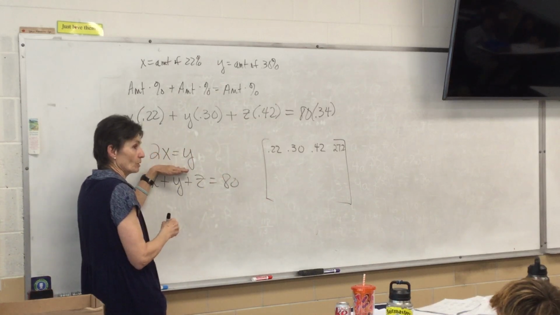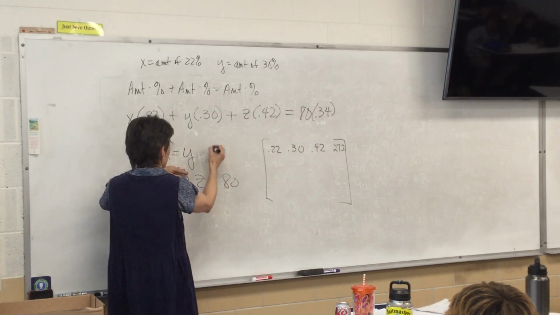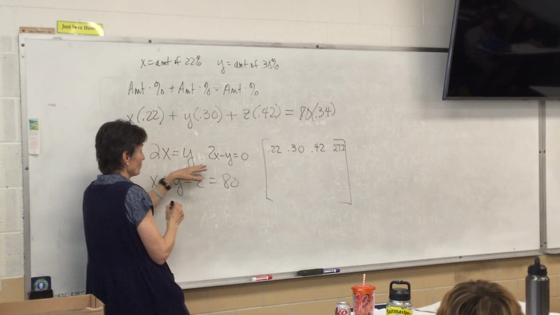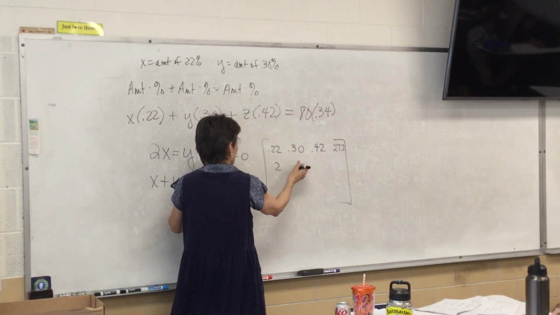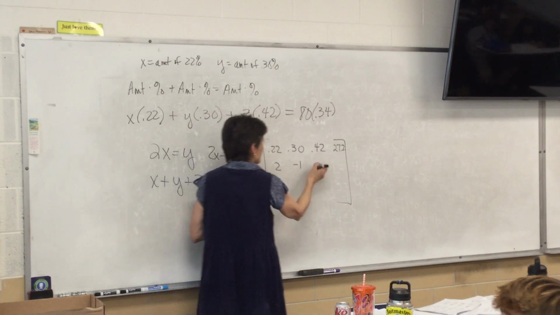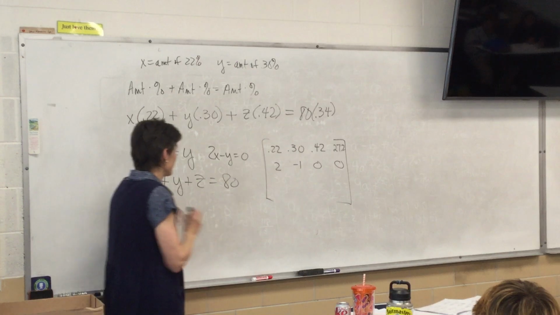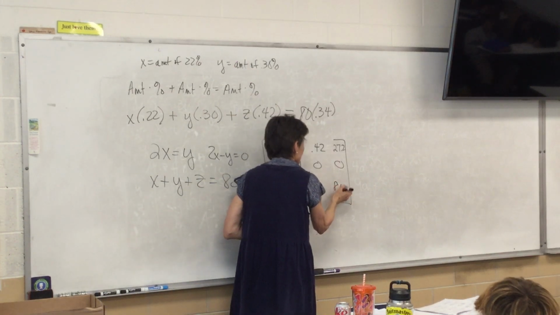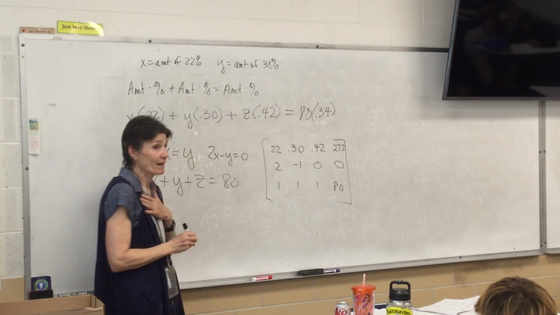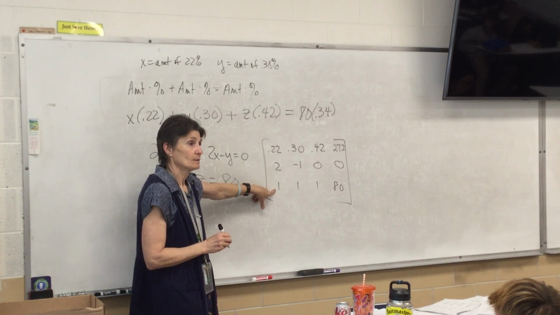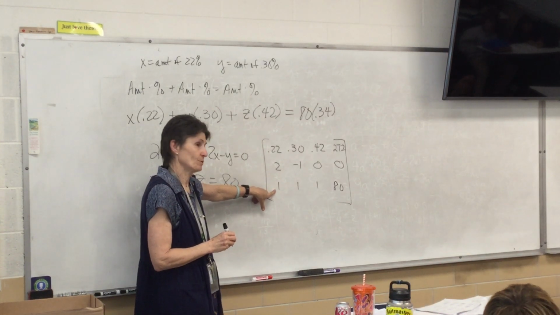What would this row look like? 2x minus y equals 0. So we have 2, minus 1, 0, 0. And on the bottom we have 1, 1, 1, 80. Now, if I'm doing this by hand, I'm going to put that row on top. But if I'm given a choice, I'm never doing this by hand.